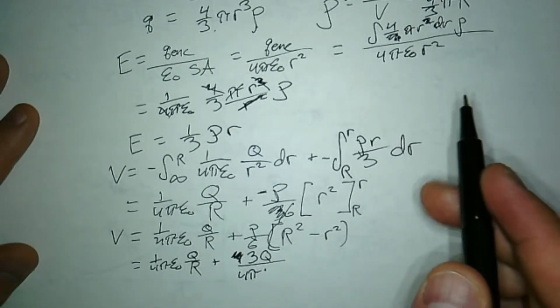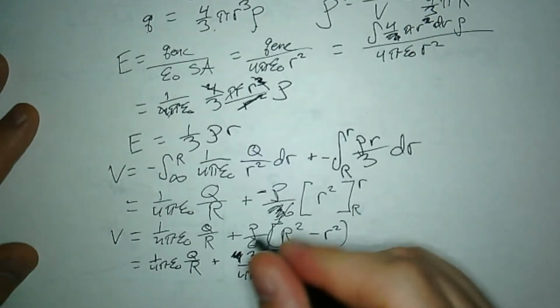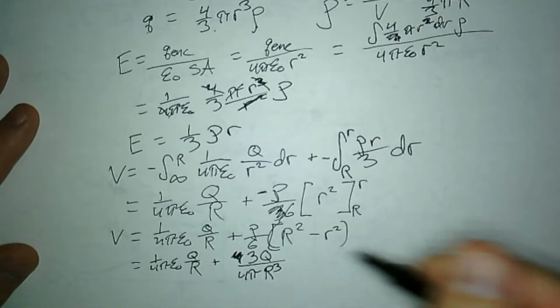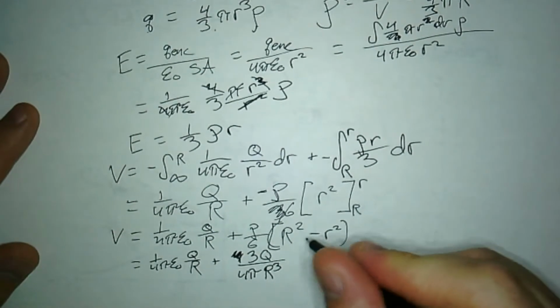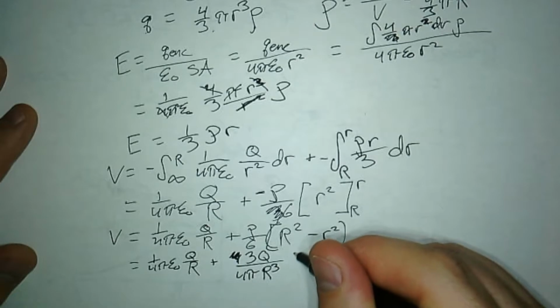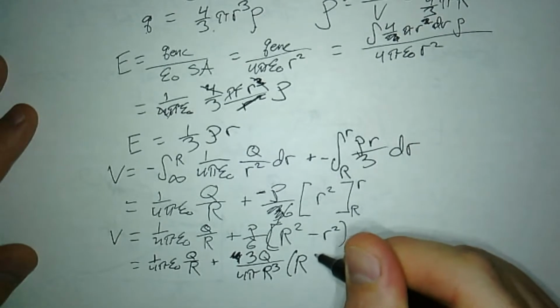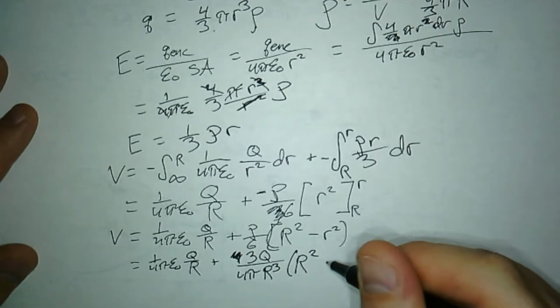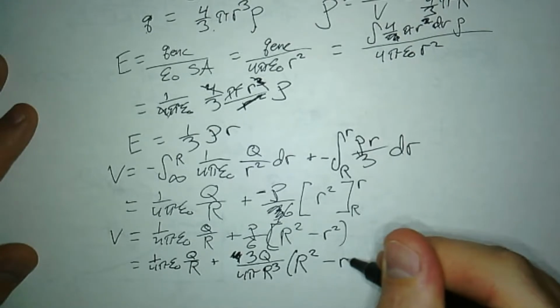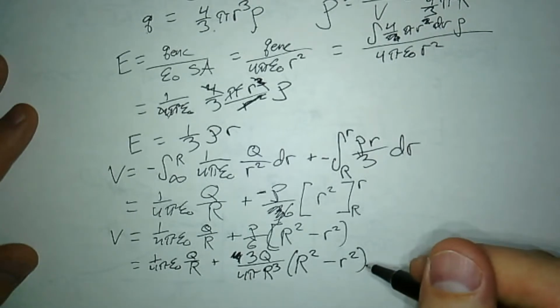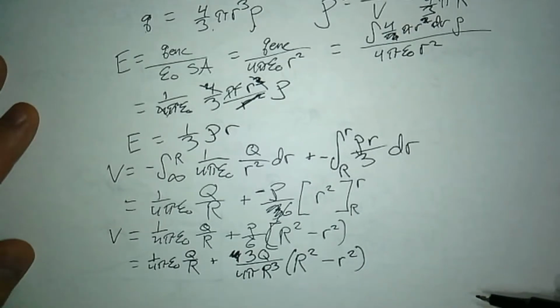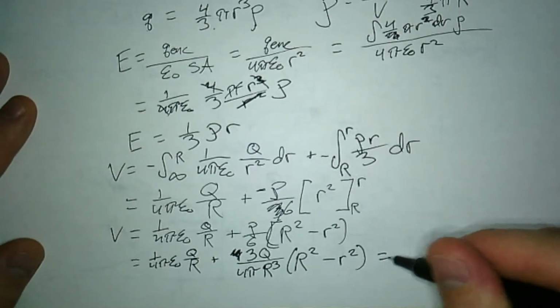Where'd my term go? Sorry, I just lost where I was looking for my notes. R cubed. For some reason I couldn't remember the volume of a sphere. And it's going to be times R squared minus r squared.